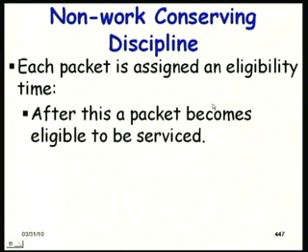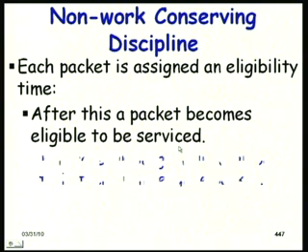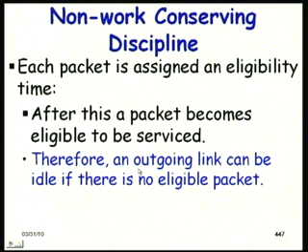Only after the expiry of the eligibility time, the packet will become eligible to be transmitted. So, it is possible therefore that an outgoing link can be idle and there are packets waiting, but nothing is getting transmitted, right, because none have met their eligibility time requirement.